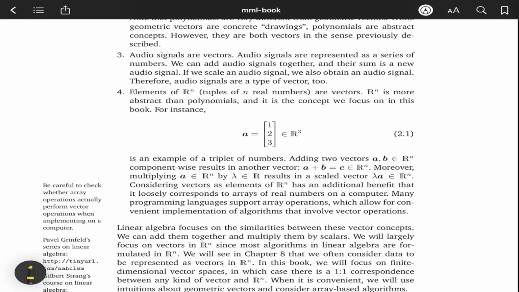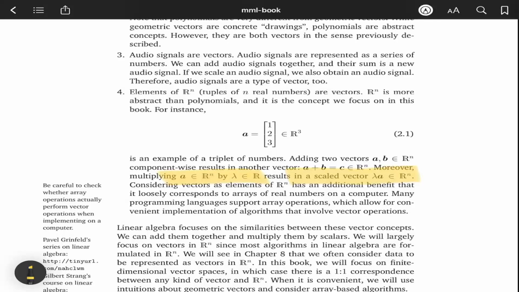In an example of a triplet of numbers, adding two vectors a, b component-wise results in another vector. Moreover, multiplying a by lambda results in a scaled vector lambda a.